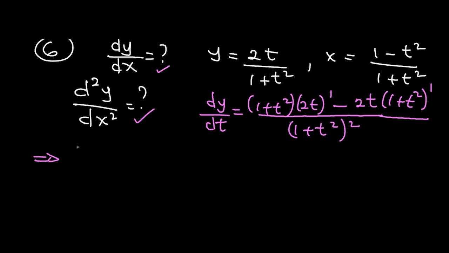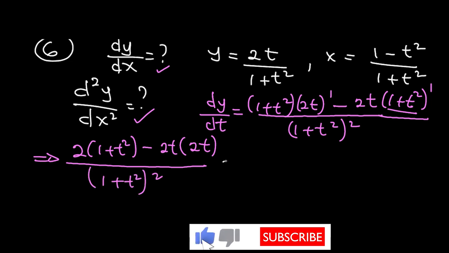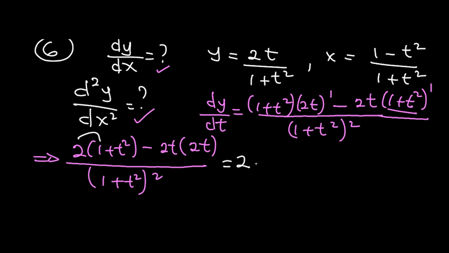So we have 2 times 1 plus t squared, and then minus 2t times the derivative of the denominator. The derivative of 1 is 0, and t squared using the power rule gives 2t, over the denominator squared. Opening the brackets, 2 times 1 is 2, 2 times t squared is plus 2t squared, and then minus 4t squared, which is 2t times 2t, over 1 plus t squared all squared.